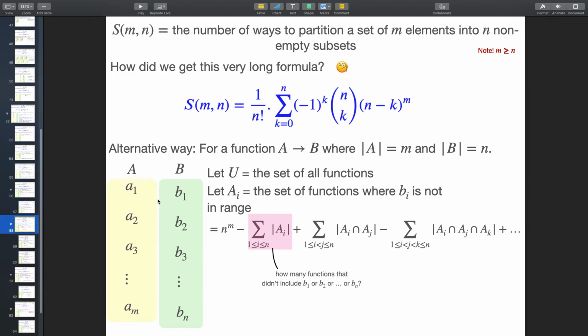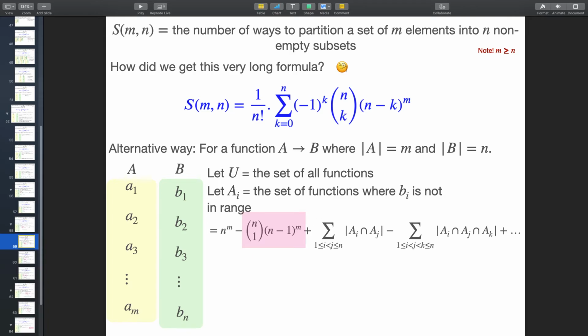Not including meaning walang nakaturo, no, kay B sub 2. So, yung size ni A sub 2 and so on. So, ilan yun? Ito raw yung formula for computing the size of the individual sets. Nag-agree ba kayo?